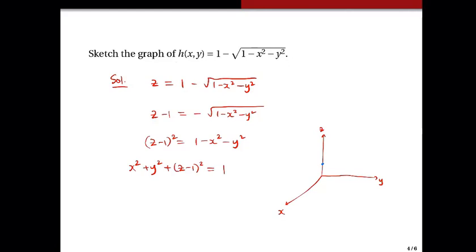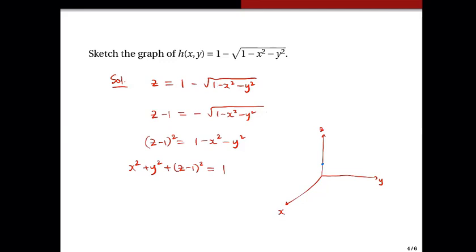Is it the upper hemisphere or the lower hemisphere? So we get the lower hemisphere. Is that correct? As you will see, if your X and Y are both 0, then you will have Z equals 1 minus 1 equals 0.